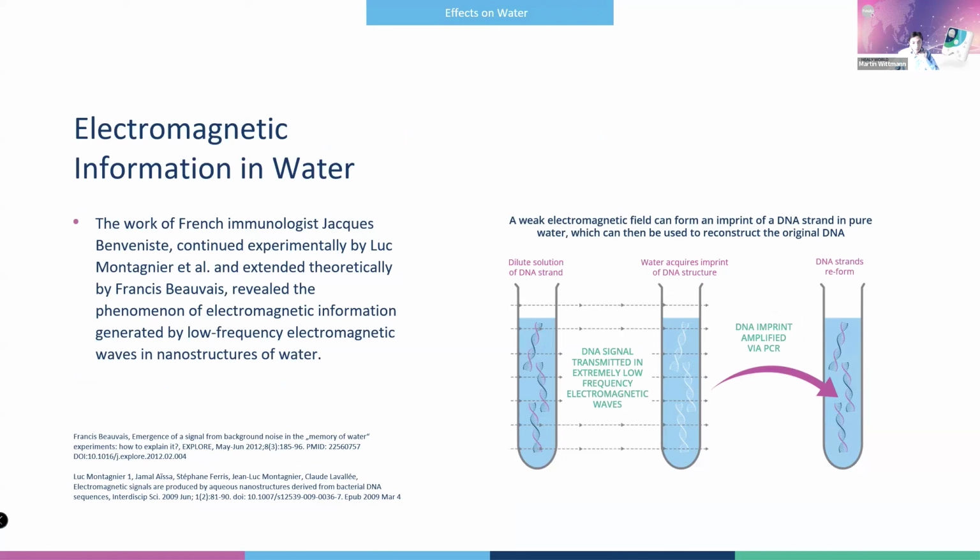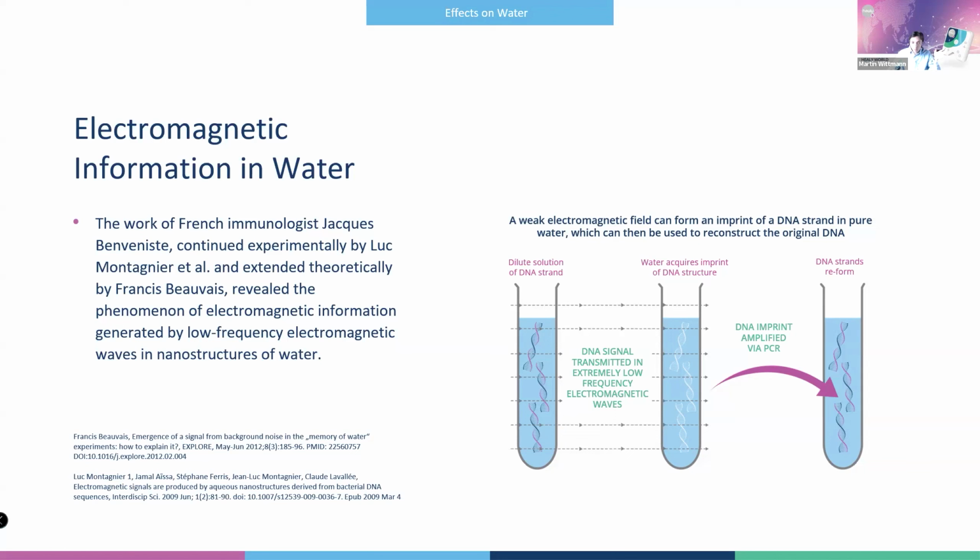There's also a quite interesting experiment. So the French immunologist Jacques Benveniste experimented on information in water, and his experiments were also continued by Luc Montagnier and extended theoretically by Francis, and they revealed a phenomenon that electromagnetic information generated by low-frequency electromagnetic waves is stored in nanostructures of water.